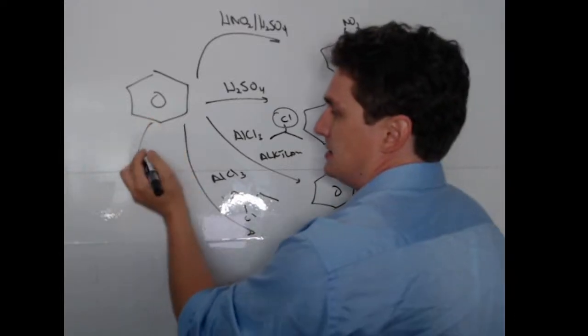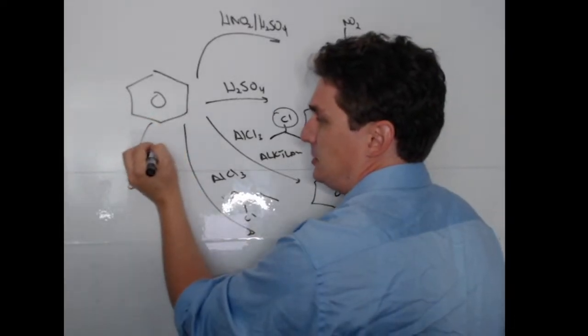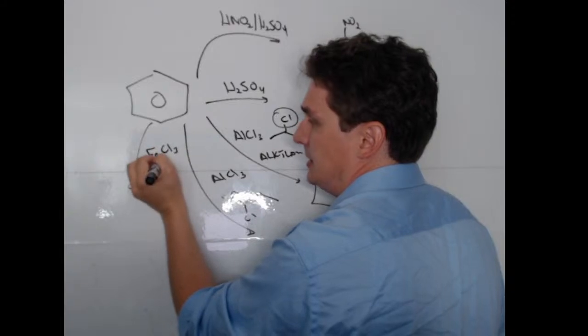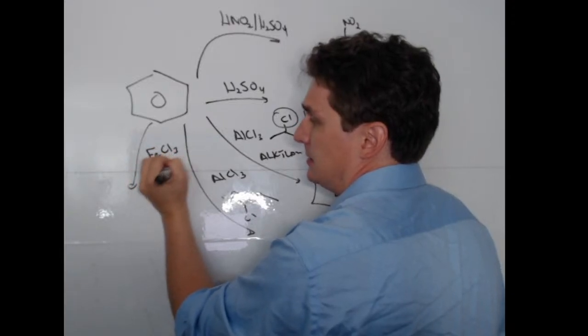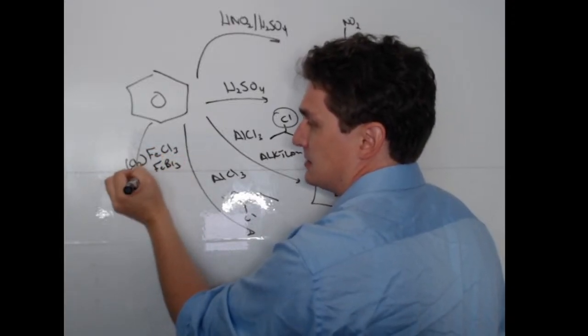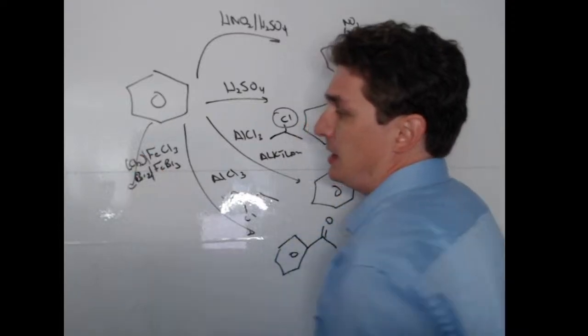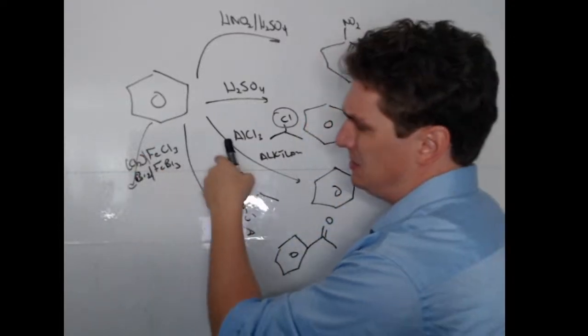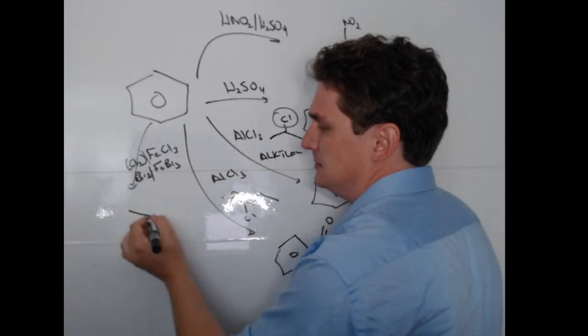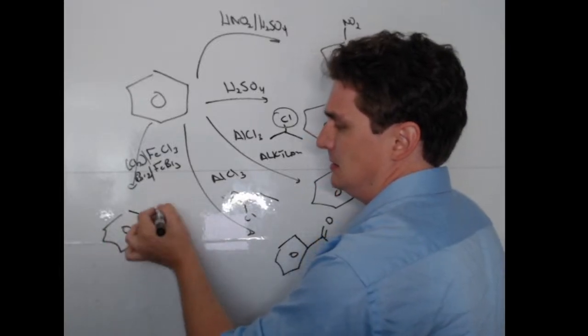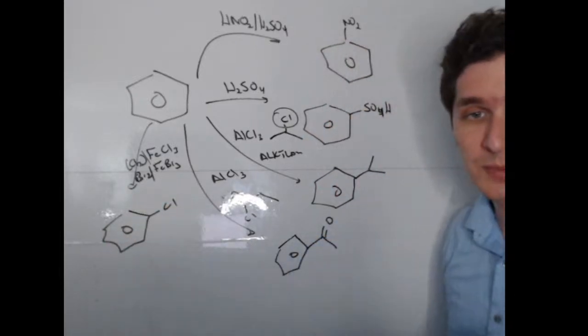Also with AlCl3, we can do FeCl3, FeBr3. These are halogenation reactions. So if you have a halogen and a respective iron salt, and I think you can also do these with the aluminum salts as well, you get chlorination or bromination.